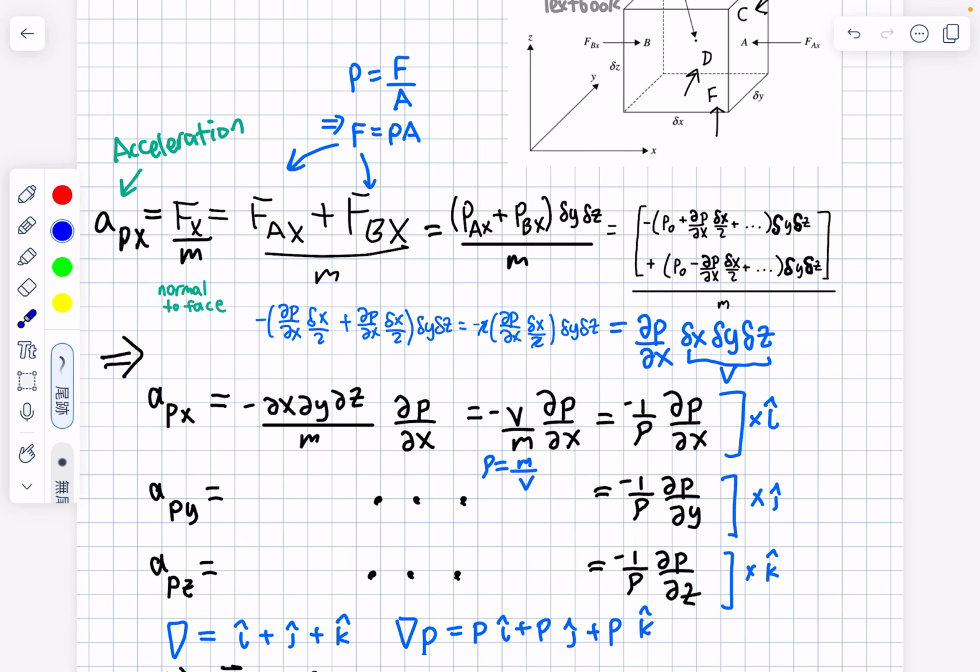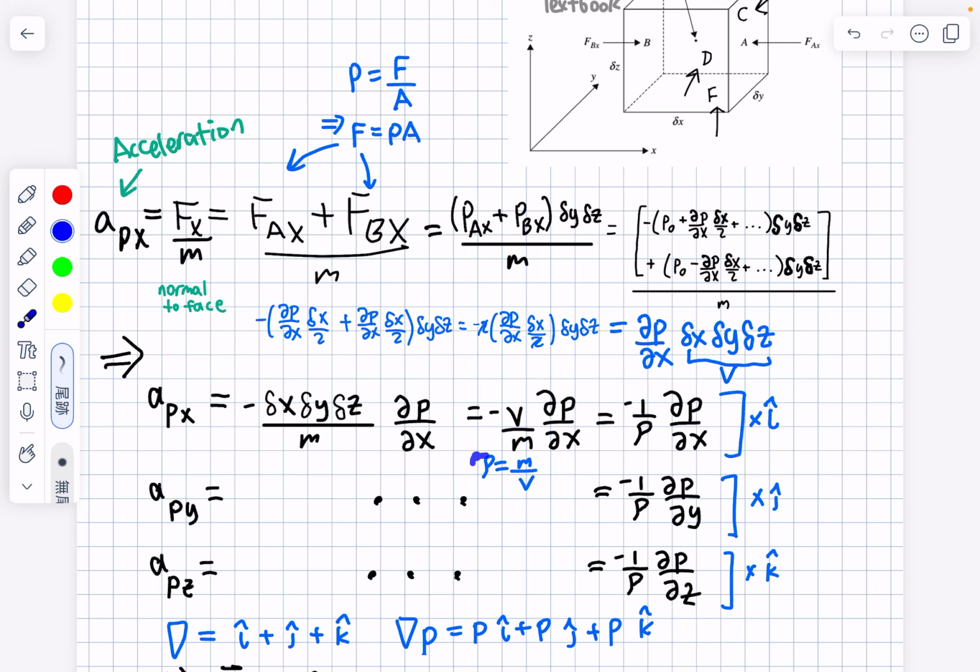So for acceleration of the pressure gradient force in the x direction, we have negative delta x delta y delta z (I apologize, these are actually deltas) over m times delta x, and that will be negative volume over mass times partial p partial x.